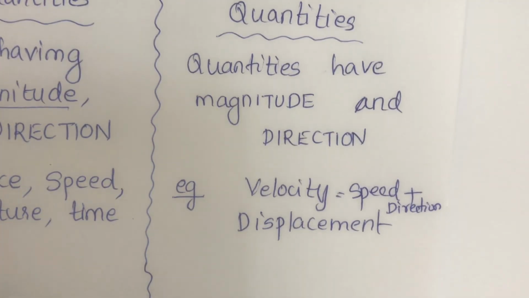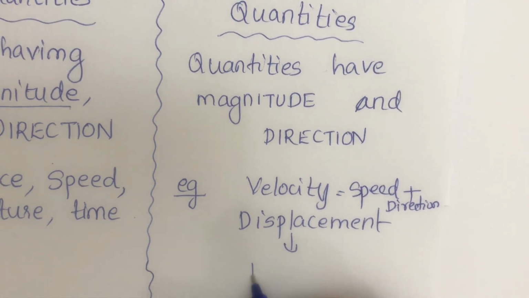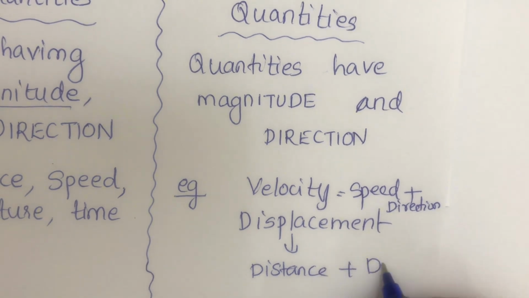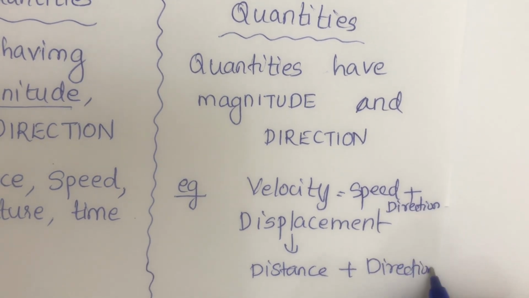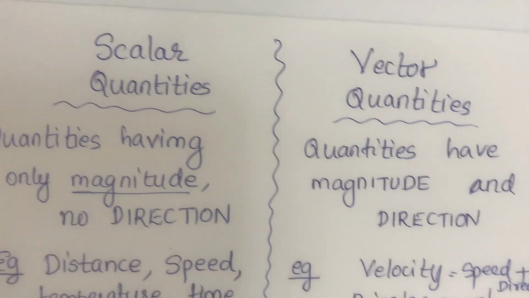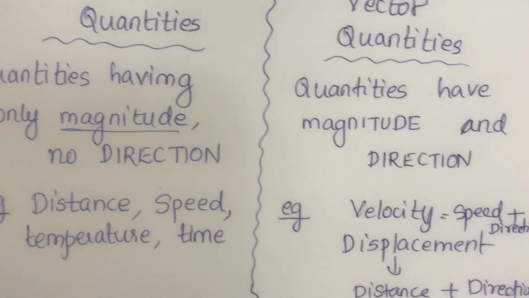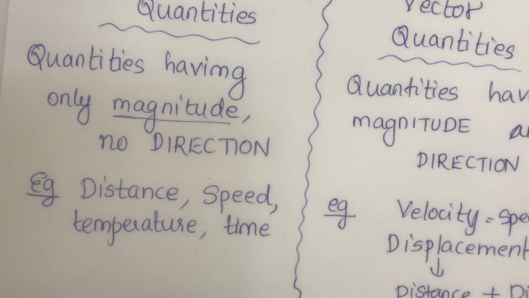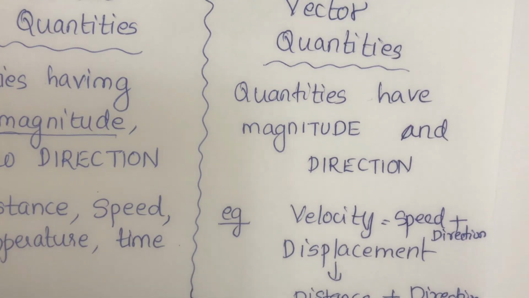And what is displacement? Displacement is nothing but distance with direction. So what are scalar and vector quantities? Scalar quantities have only magnitude, no direction, and vector quantities have both magnitude and direction.